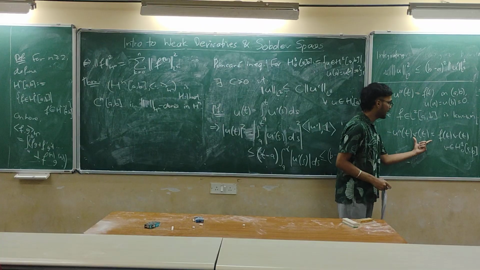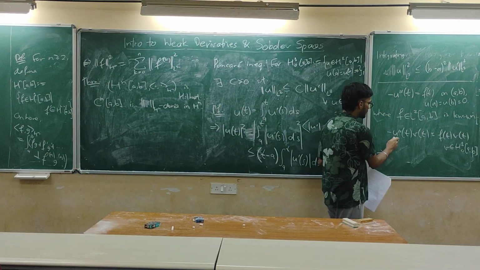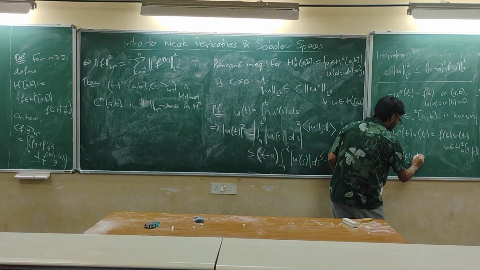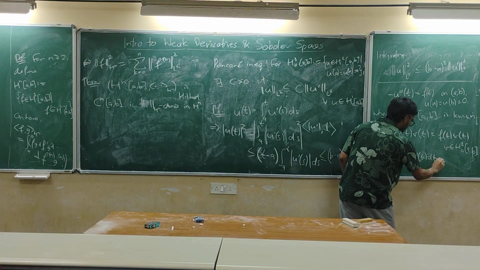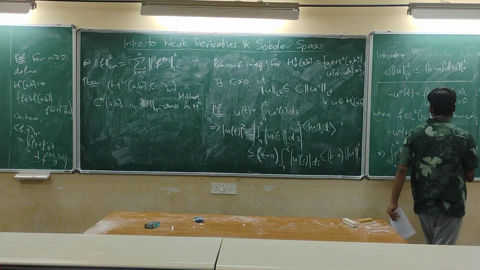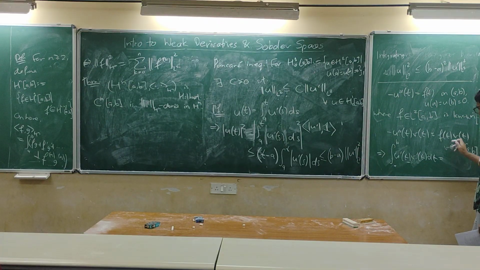Using integration by parts, the left hand side becomes exactly the integral from a to b of u prime t times v prime t dt, and the right hand side becomes the integral from a to b of f of t times v of t dt.